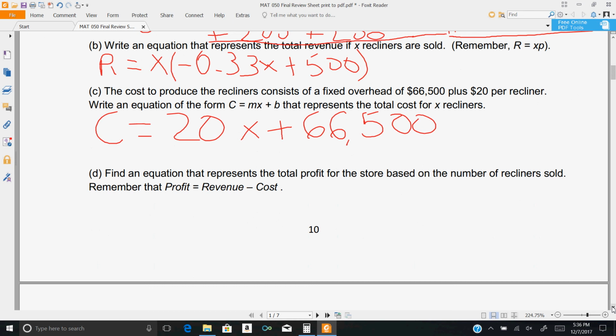Find an equation that represents the total profit for the store based on the number of recliners sold. Profit equals revenue minus cost. I'm going to now go back up here. I want to put this all together. So I'm going to go back up here and say negative 0.33x squared. I'm distributing my x, plus 500x.